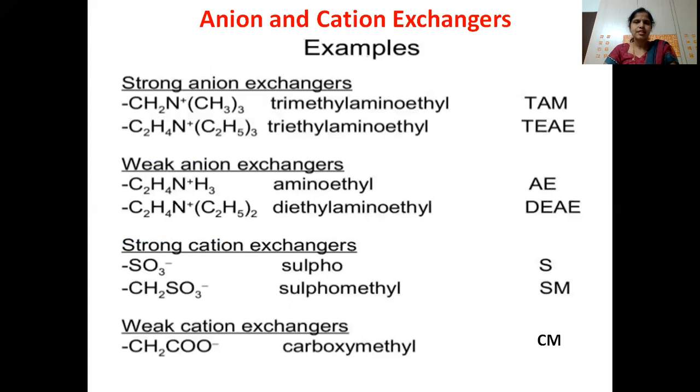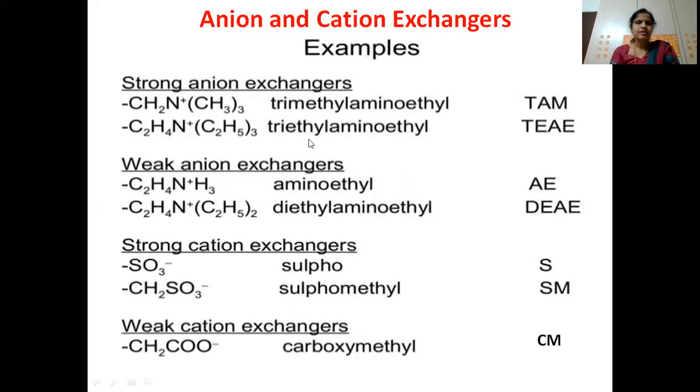Now these are some examples of anion and cation exchangers. Here you can see strong anion exchangers will have a quaternary amine group, as I said. So it is trimethyl amino methyl, whose short form is TAM.